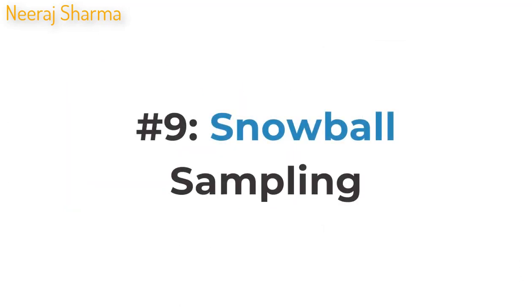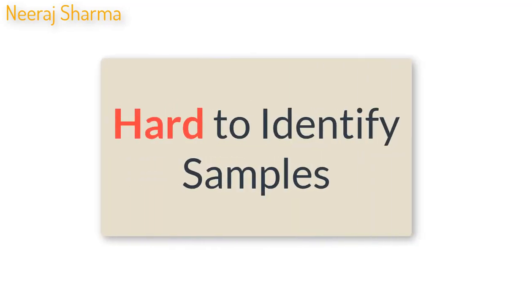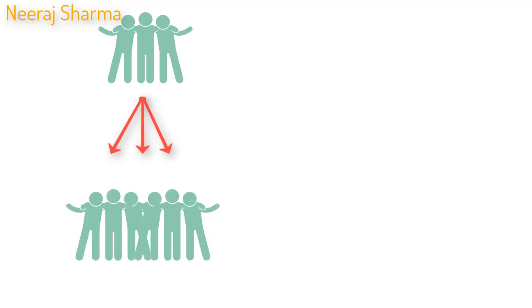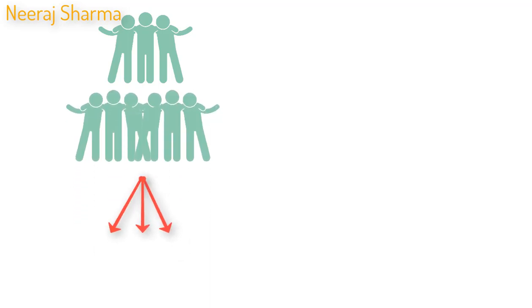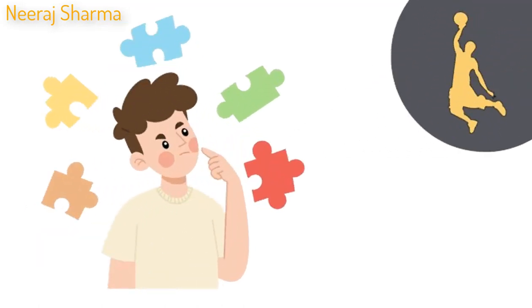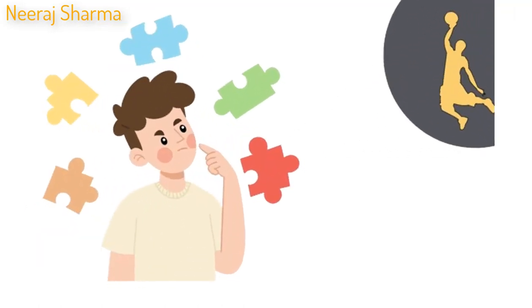Ninth, snowball sampling. Snowball sampling is used when members of the population are hard to identify or locate. You start with a small known group and ask them to identify others in the population. The sample grows like a snowball. Imagine you want to find people who like playing basketball, but don't know many.